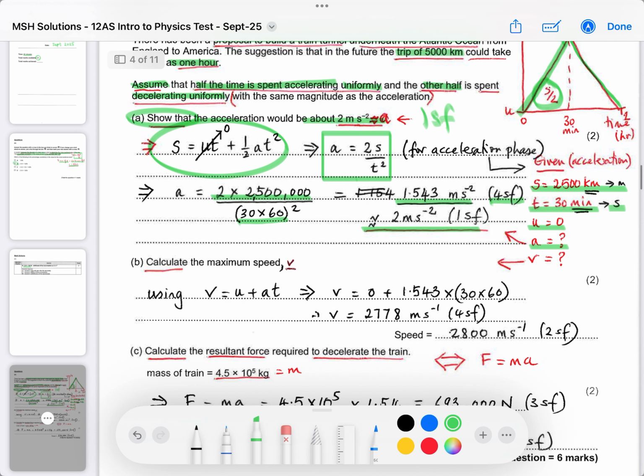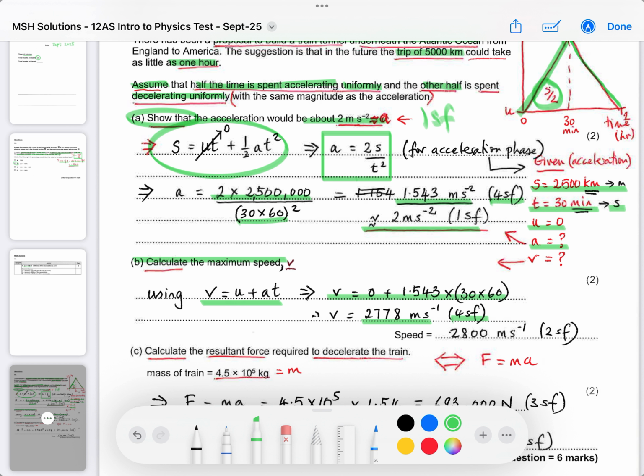The next part says calculate now the maximum velocity, the peak of that graph that I sketched. Well, since we know u, a, and t, all we've got to do is use v equals u plus at, very much like a GCSE question. Yeah? So I've used my accurate value, and I get 2,778 meters per second.